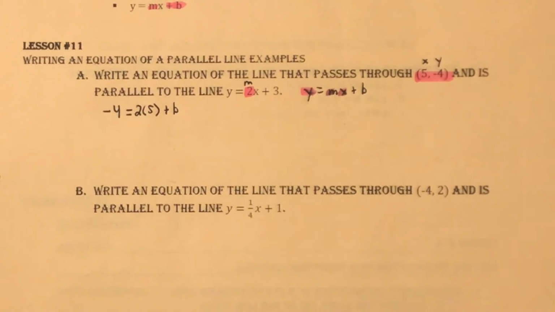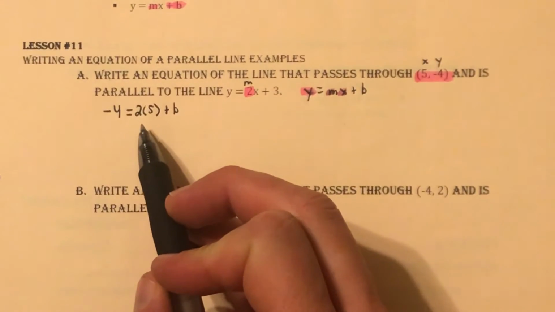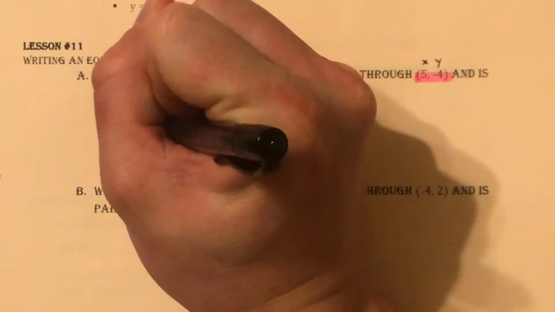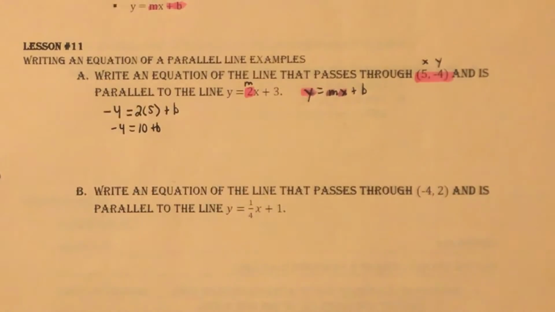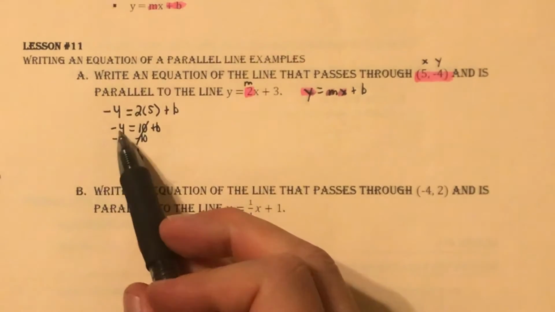Once we have that information, we can now solve. First thing to simplify is 2 times 5, which is 10, and then that's plus b equals negative 4. Then I need to get the b by itself, so I'm going to subtract 10 from both sides. I'm left with just b, and that is equal to negative 4 minus 10, which is negative 14.